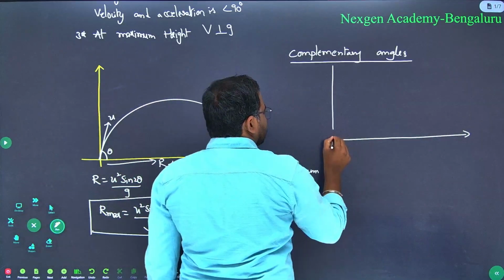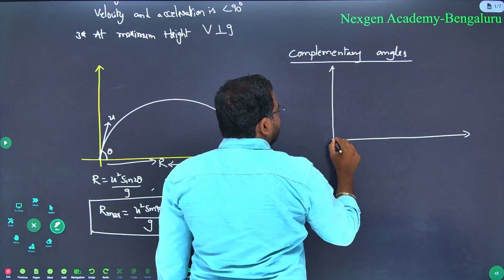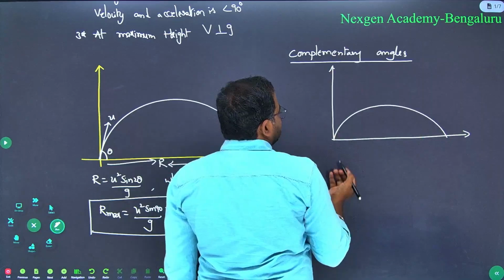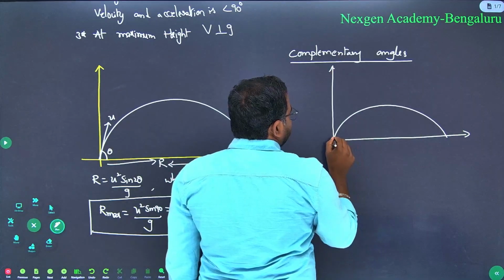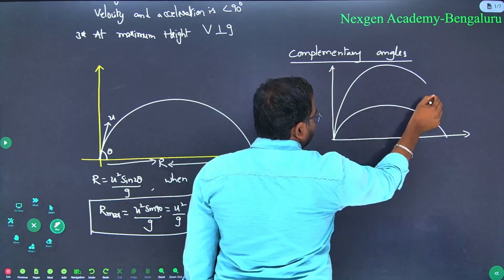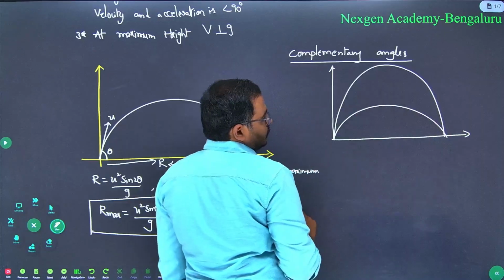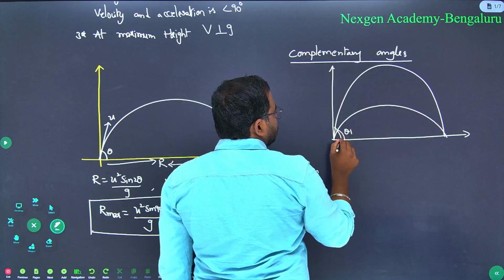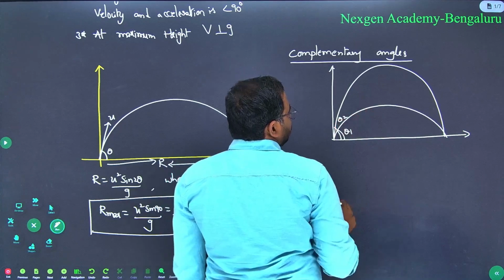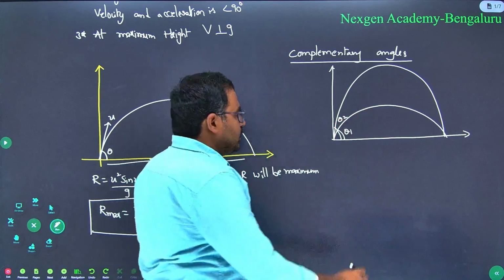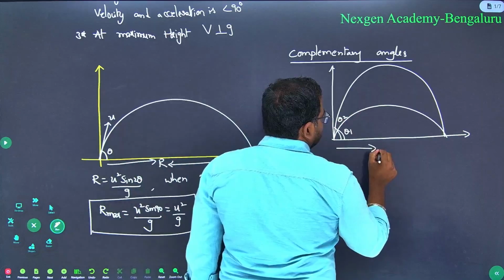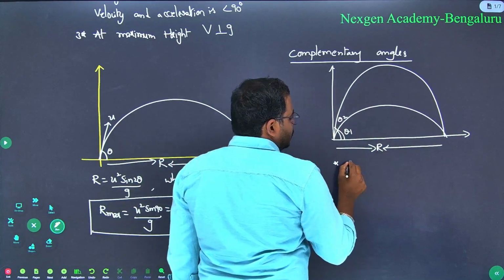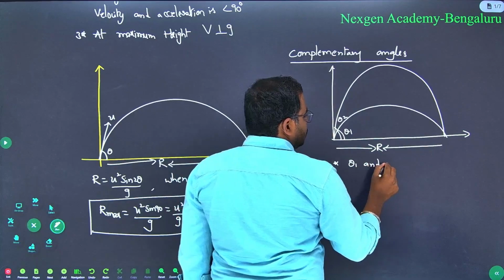Here, one body is projected at some angle, theta 1. Another body is projected at a different angle, theta 2. Two different angles, the same projection velocity, and the horizontal range will be the same.